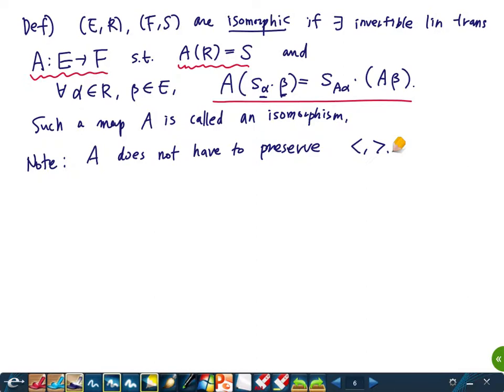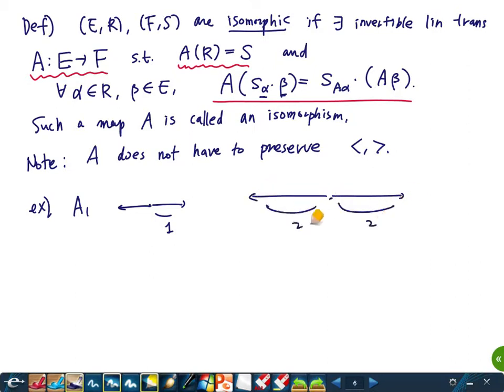For instance, let's say A1, a very simple root system. Let's say this is length 1, and then the root system of the same thing, but with length 2 and 2. They are isomorphic, sending, say, alpha to 2 alpha.